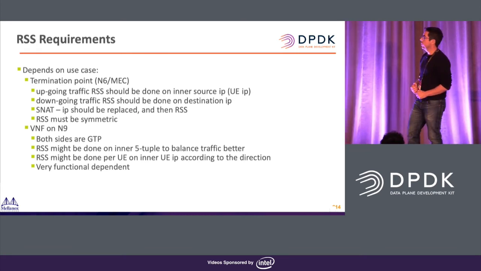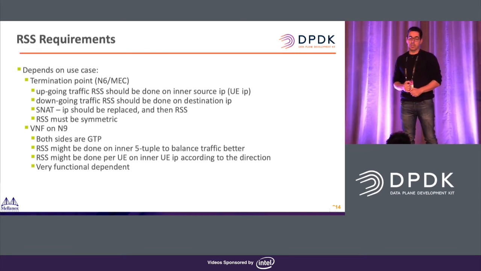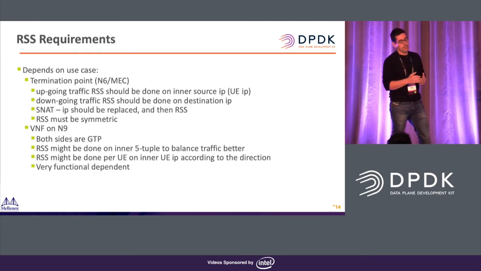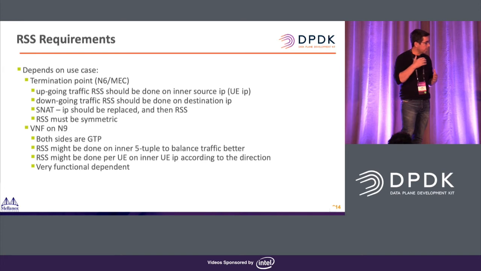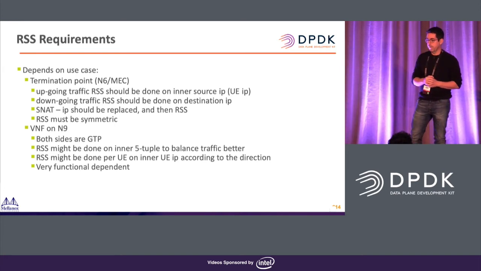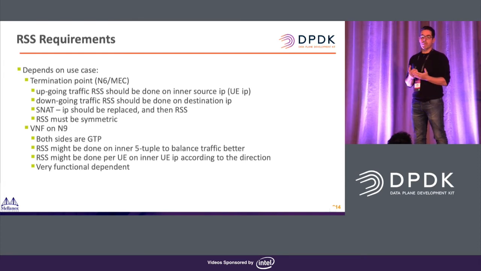So we have two types of RSS requirements. If you are at termination points, meaning you are going to an untunneled network, then for the traffic going to the untunneled network, you should do the RSS on the inner source IP. You have a UE, the UE is tunneled, and the traffic is going with GTP to the internet.